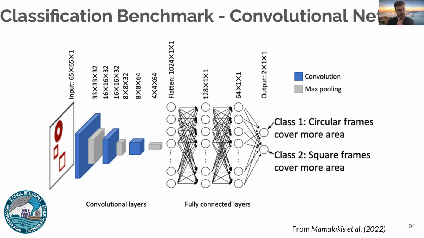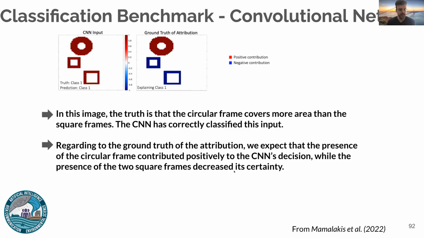And this is what we do in the next slide. So for this specific input, the true answer is that the circular frame, because of its thickness, covers more than the square frames combined. So what we expect, and the network has correctly made this classification.